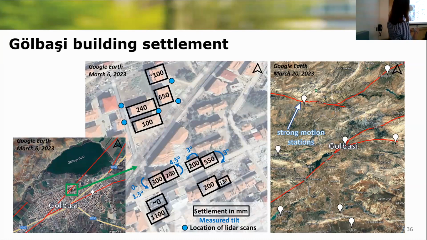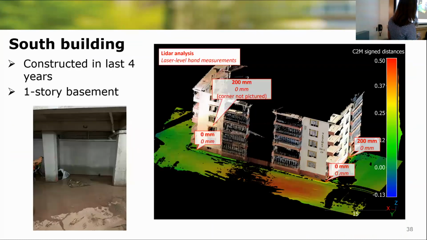Folks were still able to live in the southern apartment building, but had moved out of the northern one. And the difference was the foundation conditions. Both were in the same soil, same seismic demand, same construction, same ages, but one had a basement, which generally performs better geotechnically in earthquakes than buildings without one.